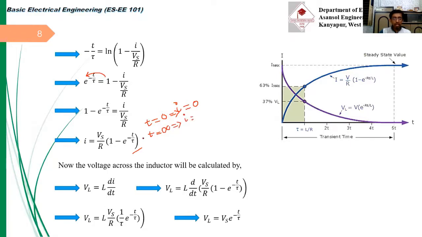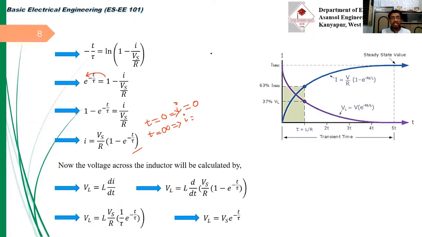At t equals infinity, e to the power minus infinity means 1 by e to the power infinity, which equals 0. So 1 minus 0 is 1, and its value is Vs by R, the maximum value.